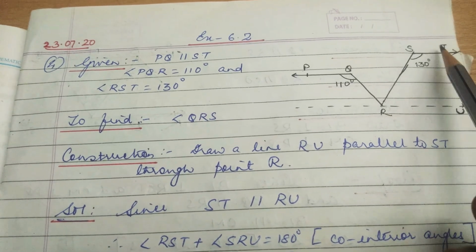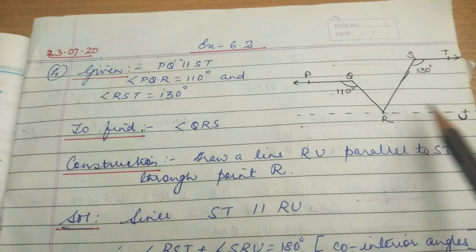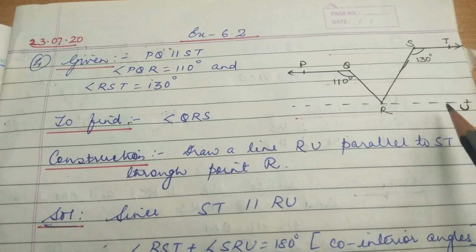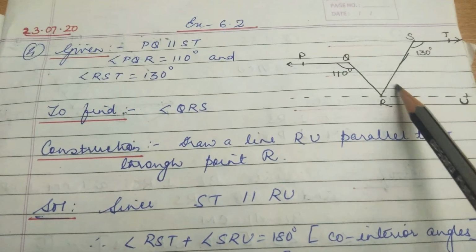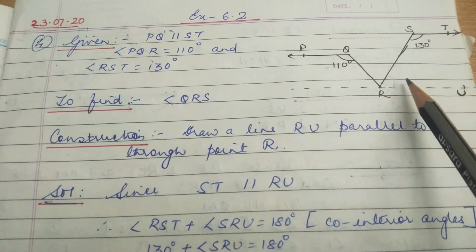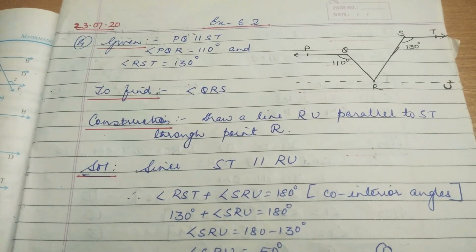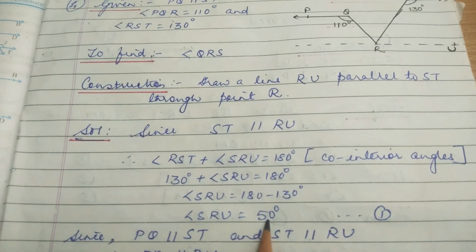So angle RST plus angle SRU will be equal to 180 degrees because they are co-interior angles. So this angle will be 180 minus 130, that is 50 degrees. That is, angle SRU is equal to 50 degrees.